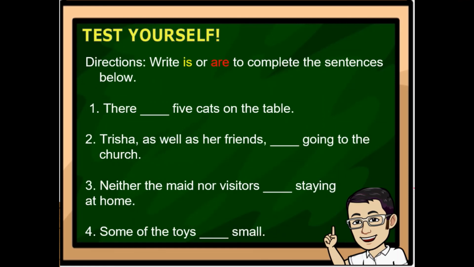Do you want to know the right answers? Let's see if your answers are correct. Are you ready? 1. There blank 5 cats on the table. The answer: are. 2. Tricia as well as her friends blank going to the church. The correct answer: is. 3.